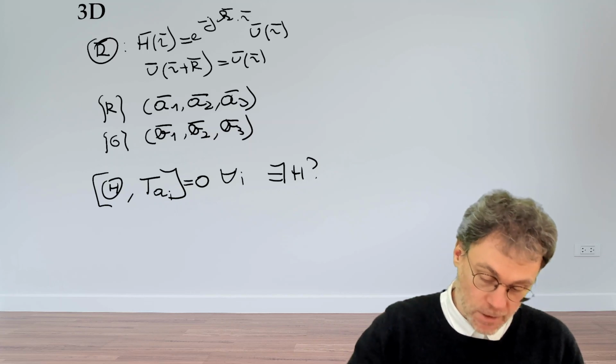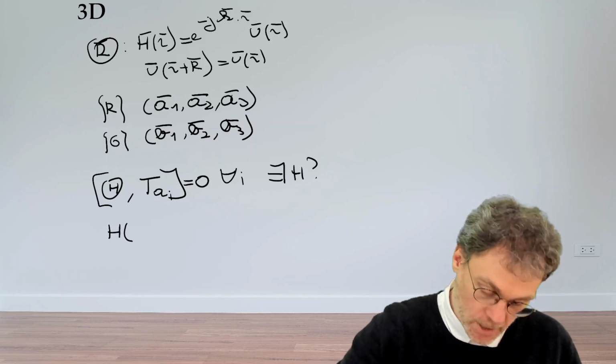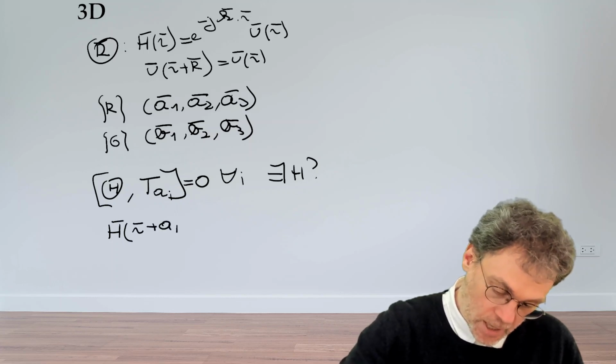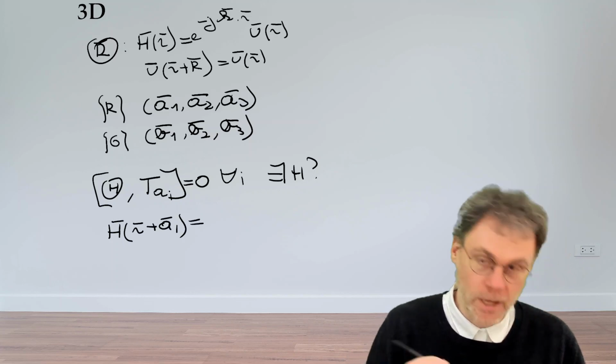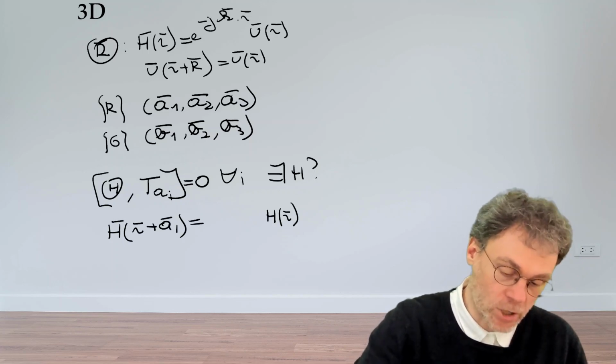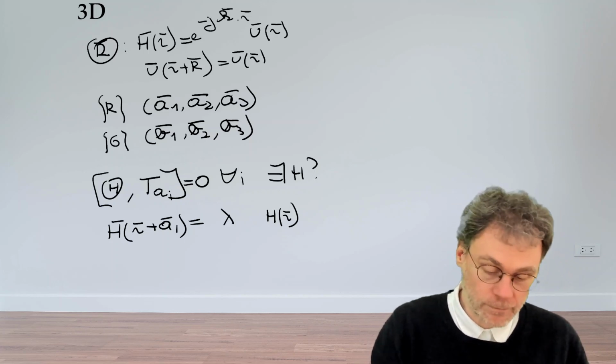So that means that if you look at the translation operator and we translate, for example, over a_i, so if you have R plus a_i over here, because we're dealing with eigenproblems, we end up with the same H of r, but we multiply this with a certain eigenvalue lambda.